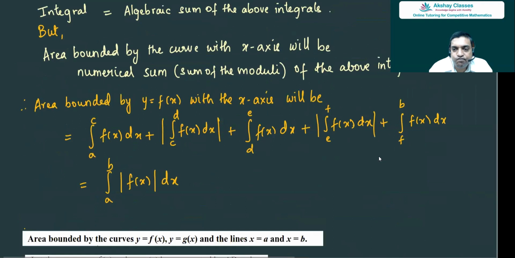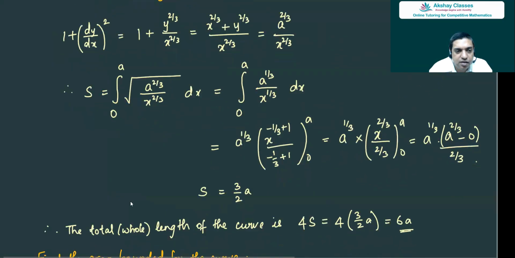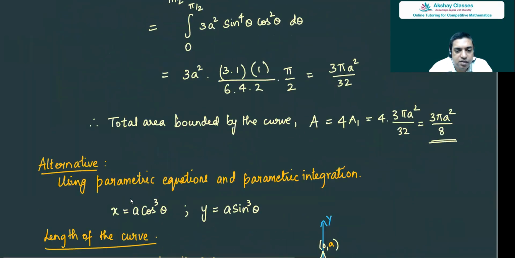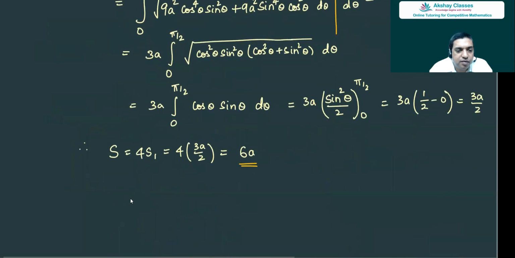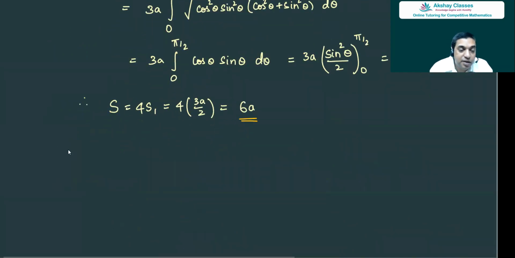So using this, we have done this in parametric method. How to do it with integral form? In parametric form, the substitution is all very, very simple. So finding area bounded by the curve.